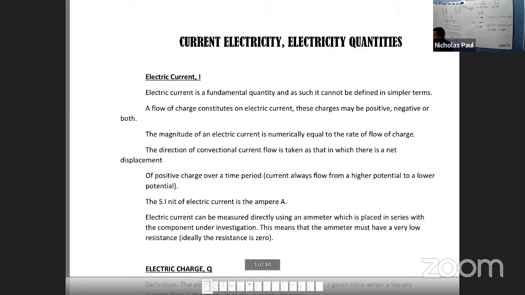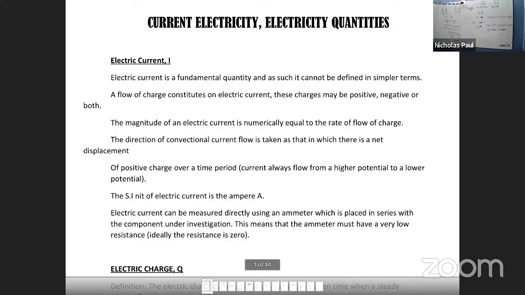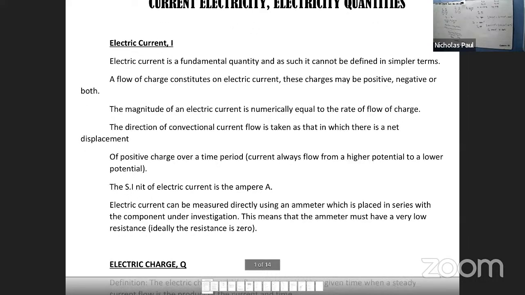What was current again? Tell me what current is again. Current is a fundamental quantity and as such it cannot be derived.